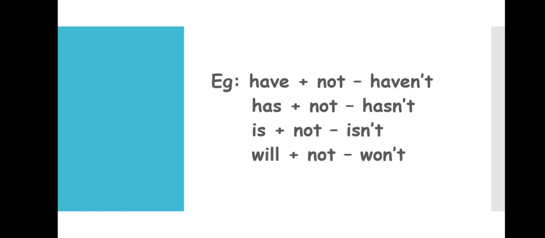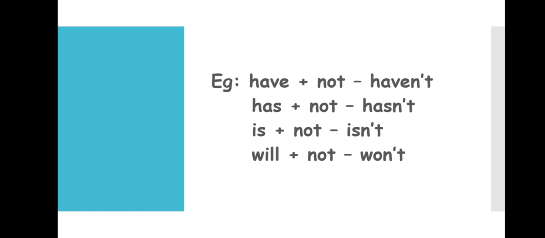Have plus not is haven't. Look here. We have written the short form, haven't. Have is one word and not is another word. When we write them together, they become one single word, and in the place of the o we use the apostrophe.